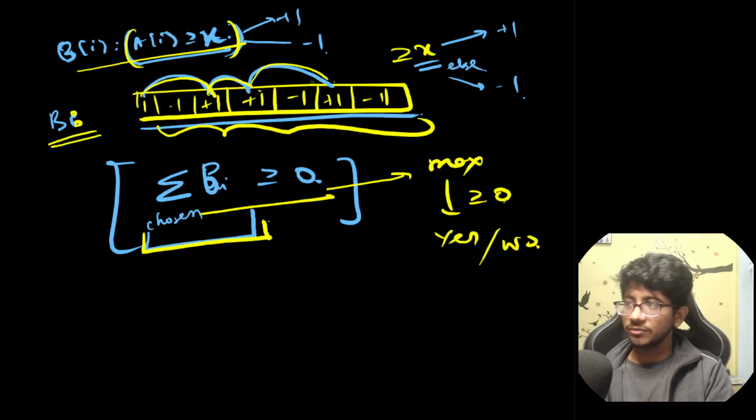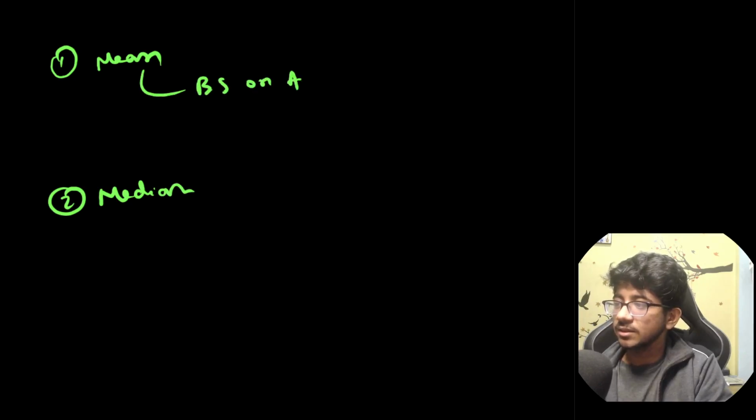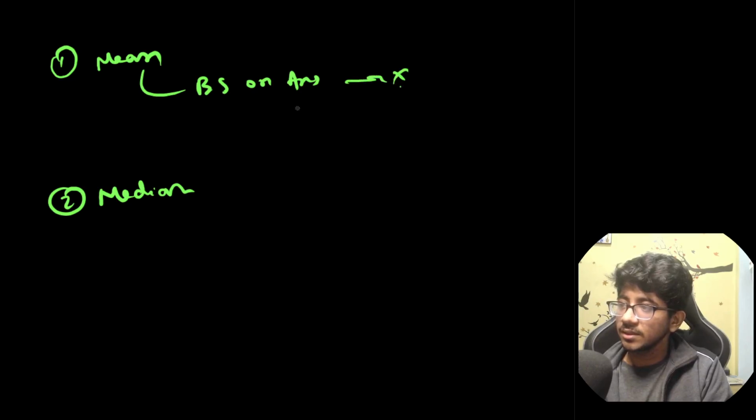There are a lot of things we did, but if we try to summarize: number one, for mean and median, the processes are two different ones, but for both we are doing binary search on the answer. Let's say that answer is x. We create a B array where b of i is going to be a of i minus x.